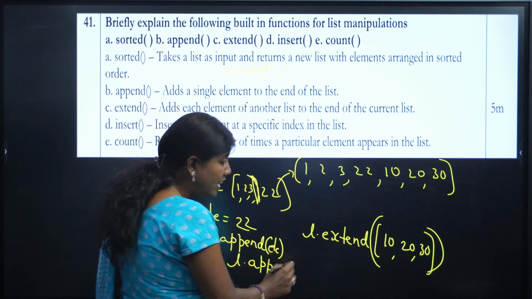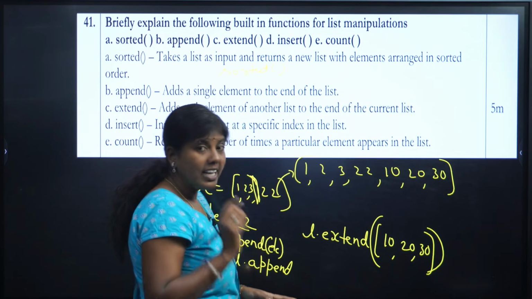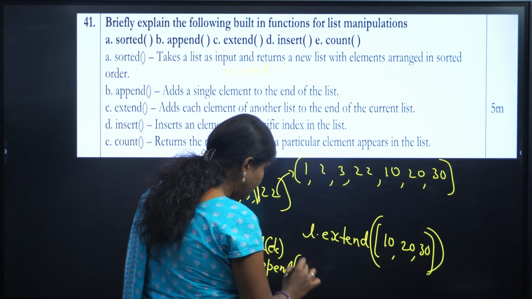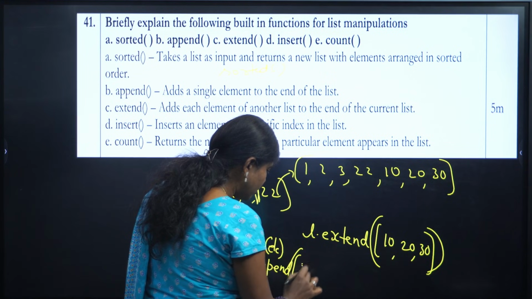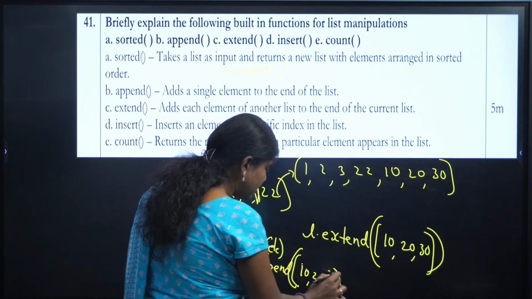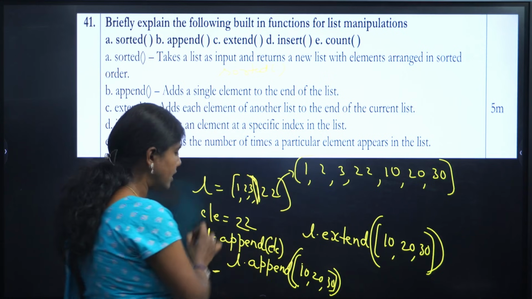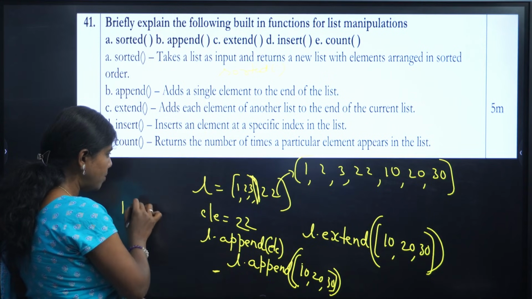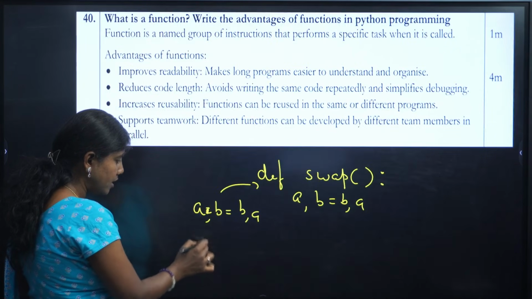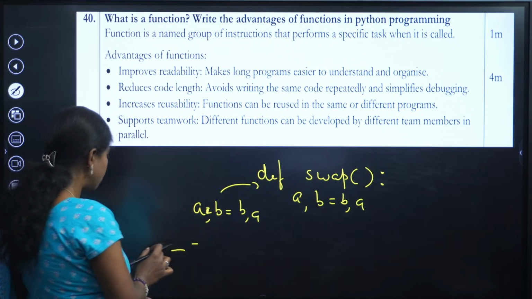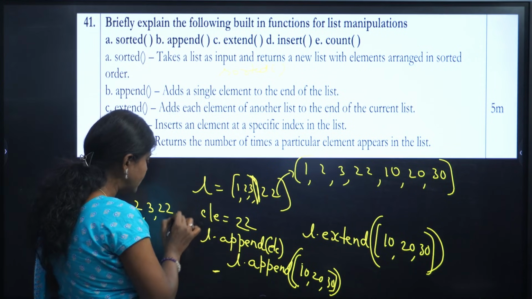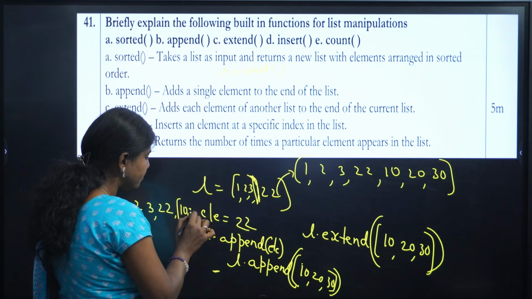So what about L dot append? Ma'am, you told only one element. That one element can be a list also. For example, if I give 10, 20, 30 to this original list, then it will be 1, 2, 3, 22 and after this the list.